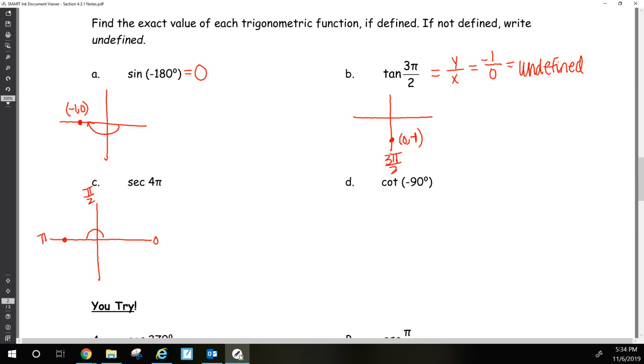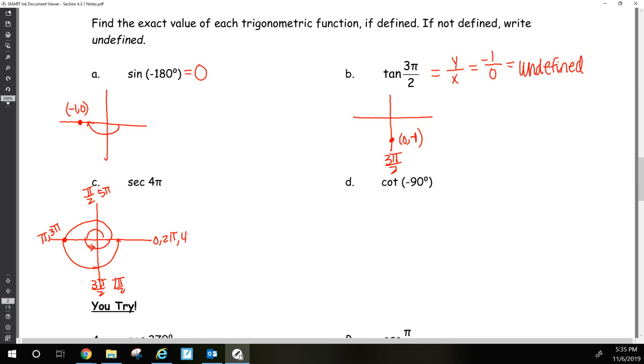Then we get to pi. We get to 3 pi over 2. 2 pi. 5 pi over 2. 3 pi. There we go. That's why I was wrong. 7 pi over 2. The second time I come around and hit that x-axis, I'm at 4 pi.